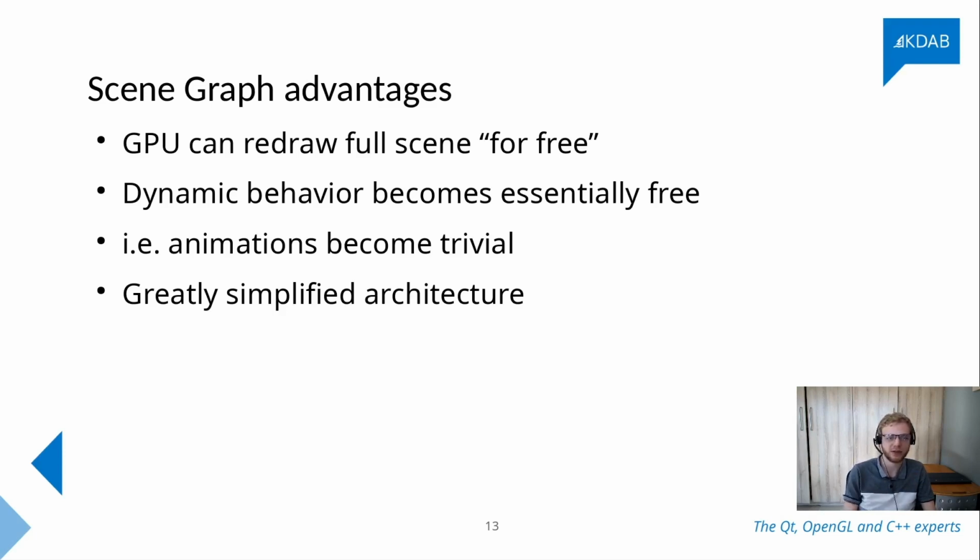And the other advantage is really just a greatly simplified architecture. You don't need this complex monster which translates between imperative drawing calls and GPU primitives. Something like Flutter can actually give you smooth animations, and the way they do that is by being very clever about where they inject GPU usage.